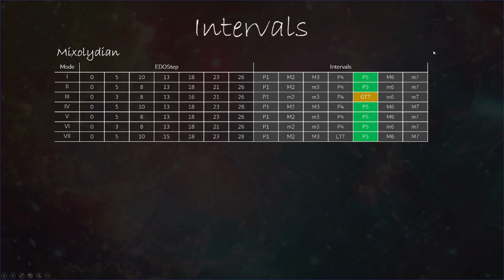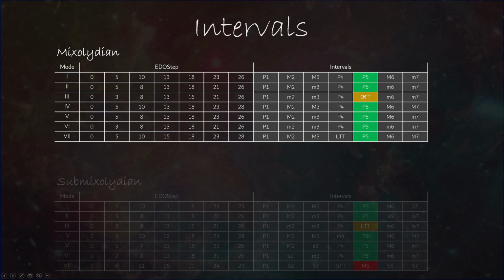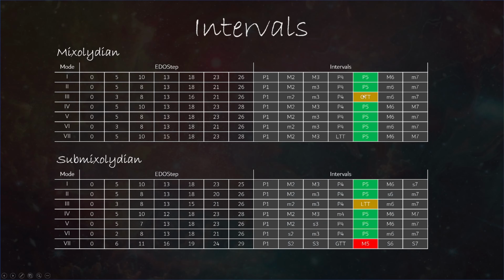If we look at the different intervals, I've listed the intervals for Mixolydian on the top. We can see we have 6 perfect fifth relationships, which I've highlighted in green. And there is one greater tritone, which represents the 10/7 ratio. If we look at submixolydian, you can see that the perfect fifth between the 7th and 4th scale degrees has been lost, and that's become a major fifth.